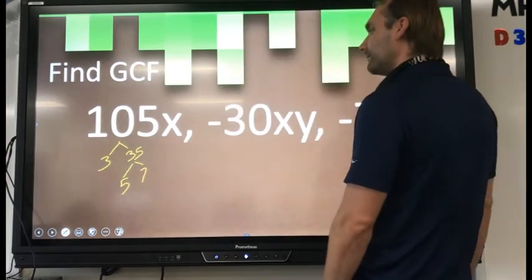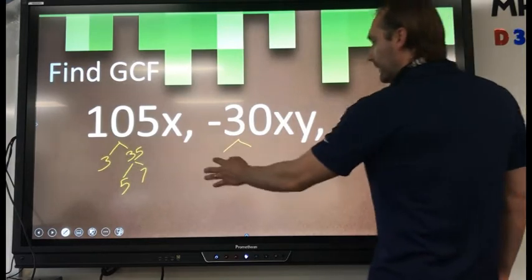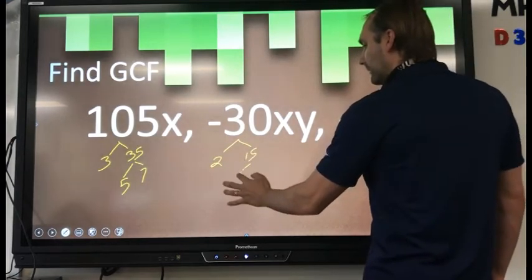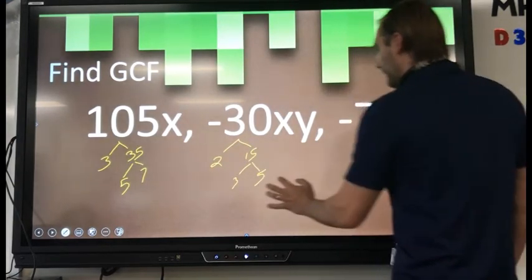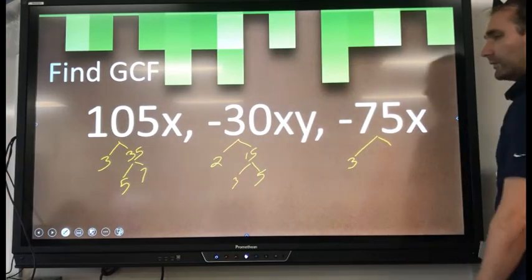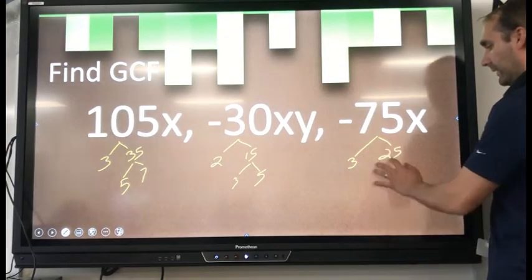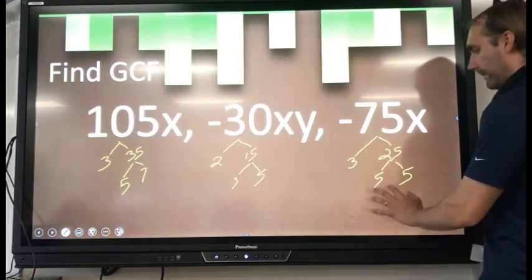And then I have a negative 30. 2, that's 15. And 3. It's 3 and 5. And I have a 75. 3 goes into 75 25 times, it's quarters. Which is 5 times 5.